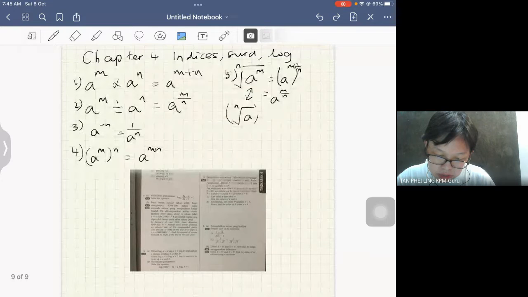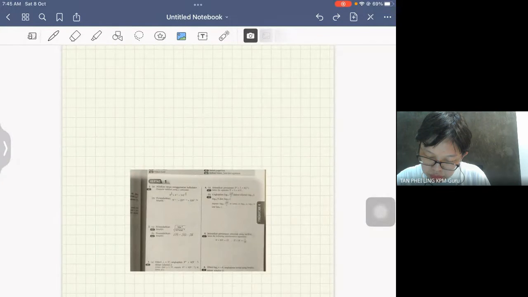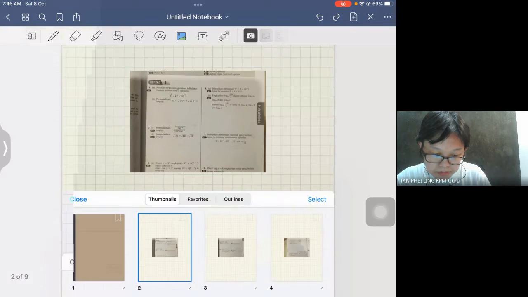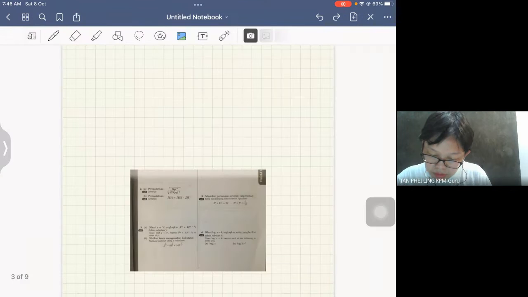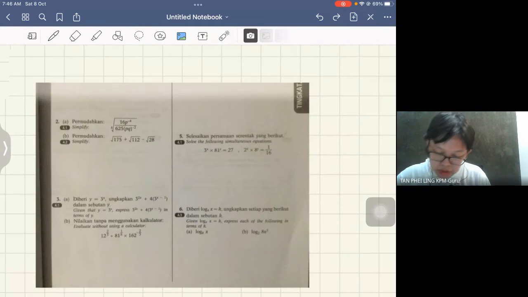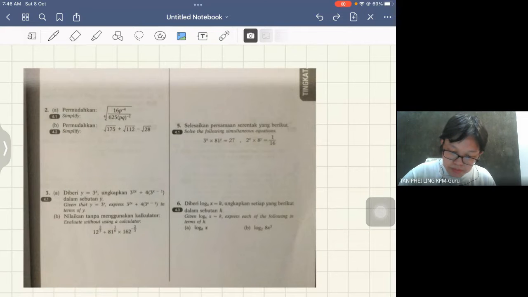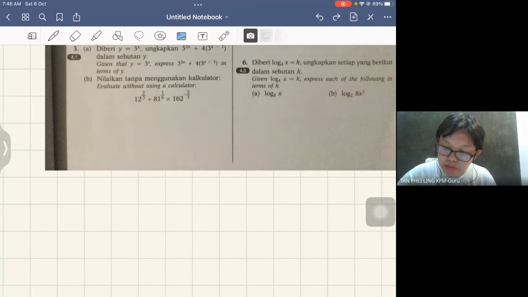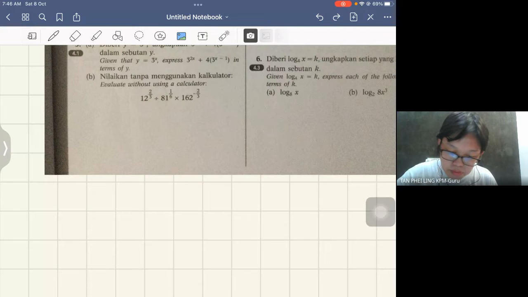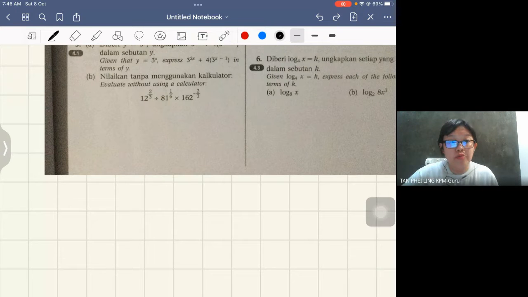Yeah, I think I can go back to here. Question 3B should be on the next page. Okay. So this one. Let's move on here.